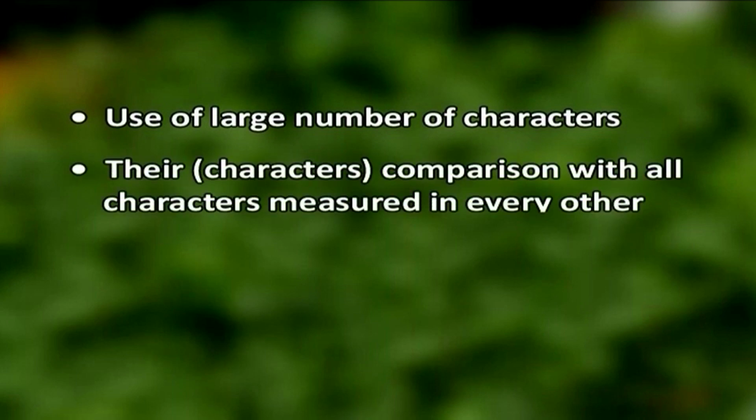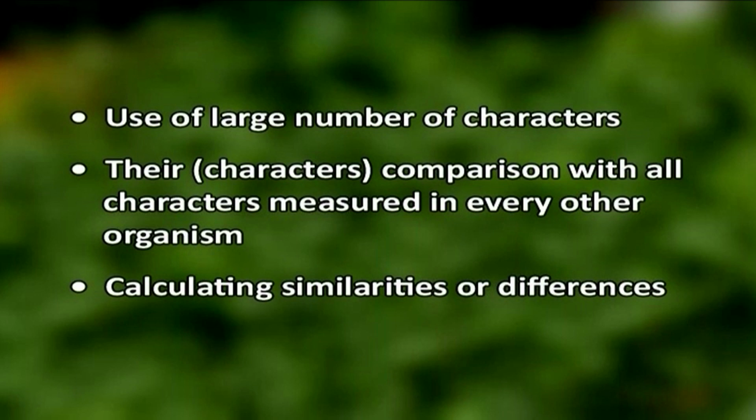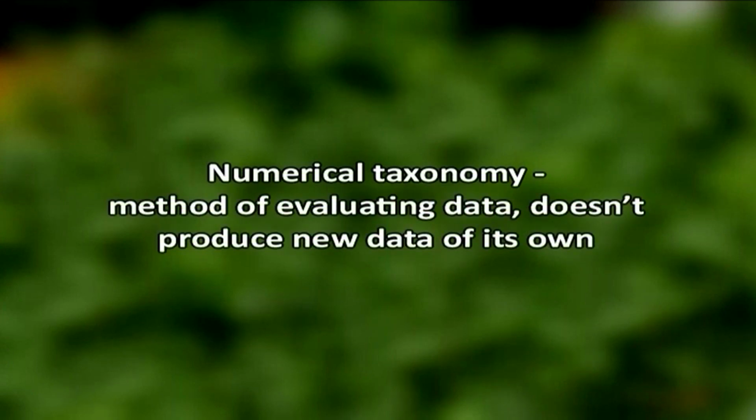Use of a large number of characters, their comparison with all characters measured in every other organism, and calculating similarities or differences involves an enormous amount of data which necessitates use of computers, which in turn makes coding of characters important. Numerical taxonomy is a method of evaluating data and does not produce any new data of its own.